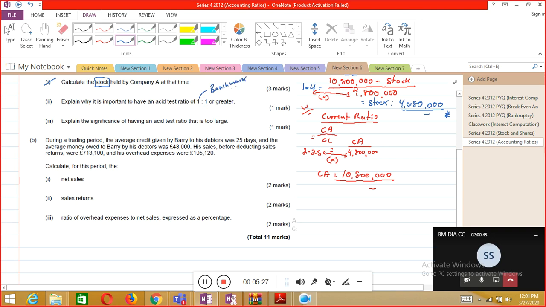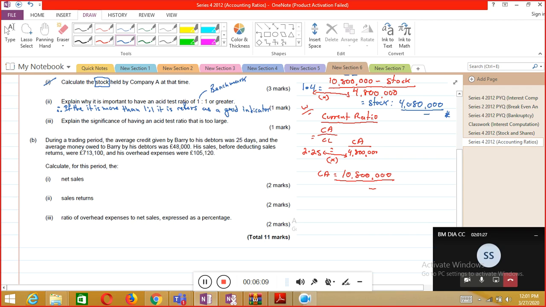If it is more than 1 to 1, it is referred to as a good indicator.